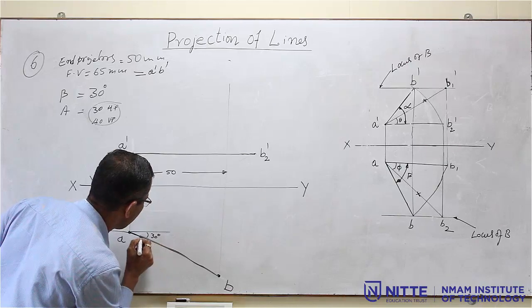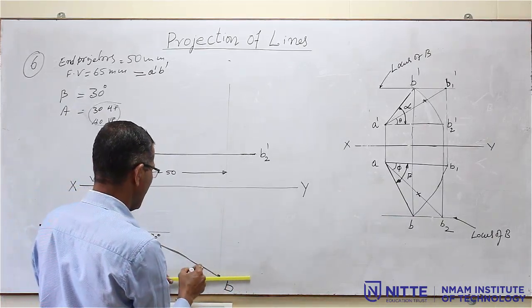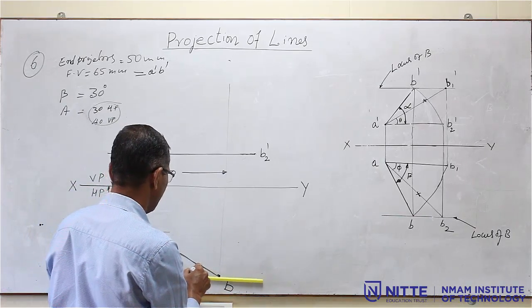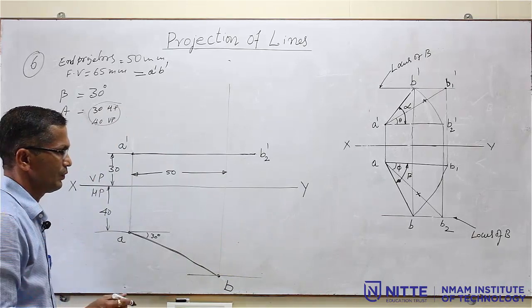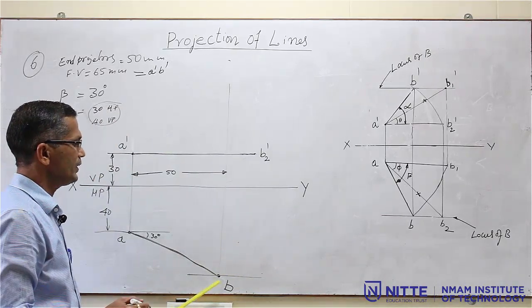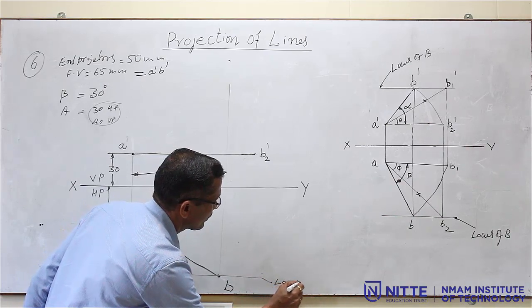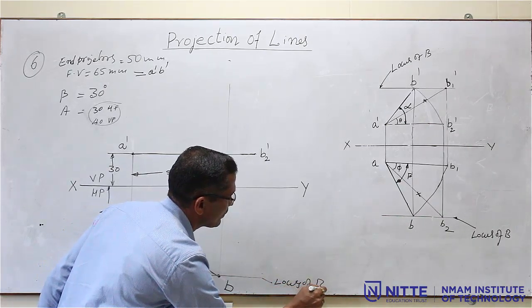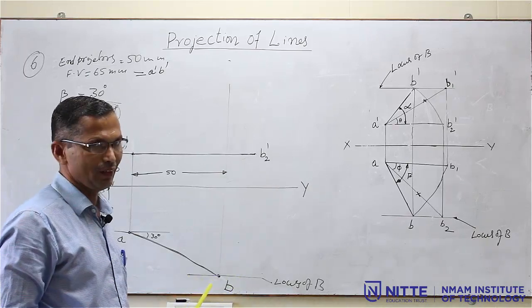Make it dark. Once you obtain this, now I can draw the locus. This is the locus of B, you write it. Locus of B. Now on the locus, B and B2 will be there.